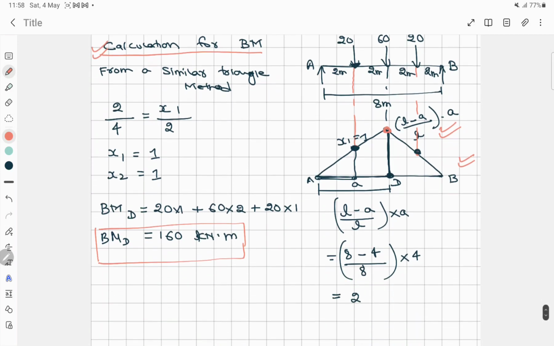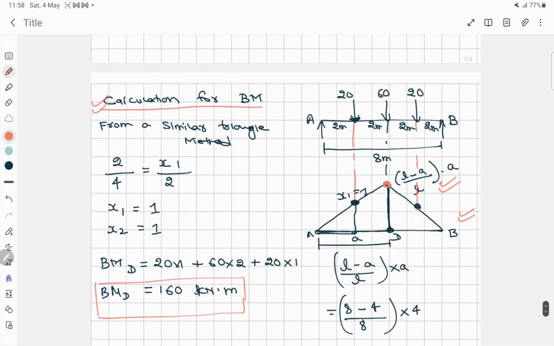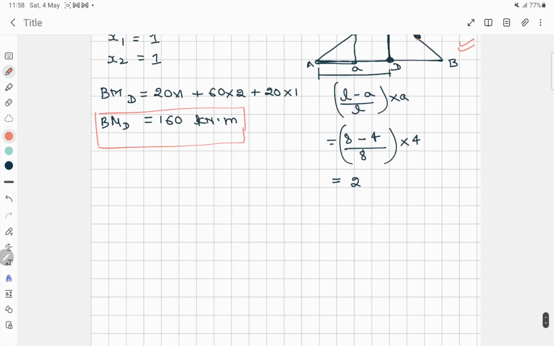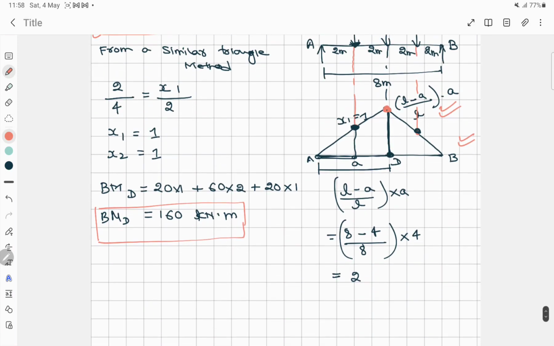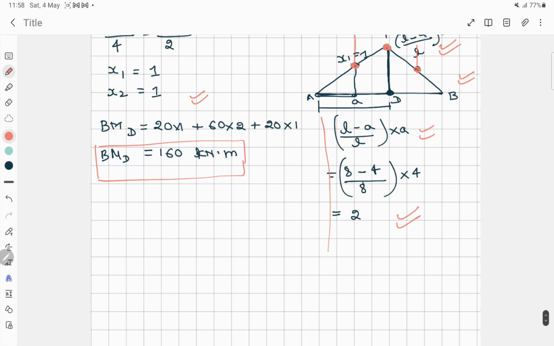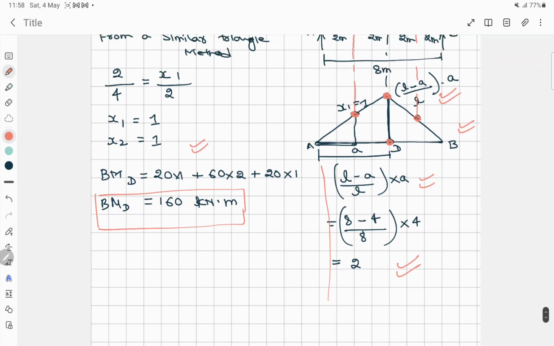We just put the values in this formula, then we'll get the value around 2. Now again from the similar triangle we find this value as well as this value, and after getting the values we find the bending moment at this point as mentioned in the question.